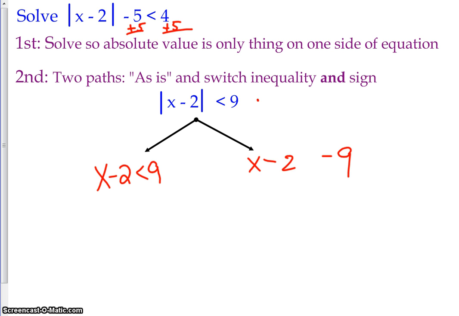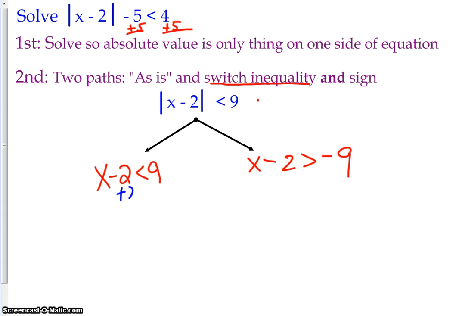And then for the negative case, it actually switches your inequality. So for your second scenario, we have x minus 2 is greater than a negative 9. So we need to solve this one.